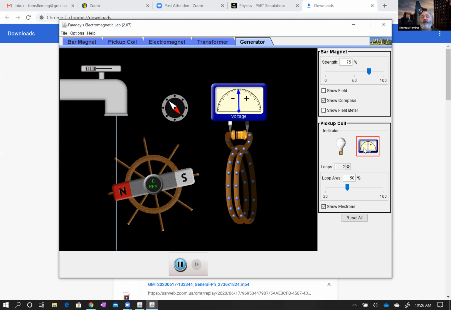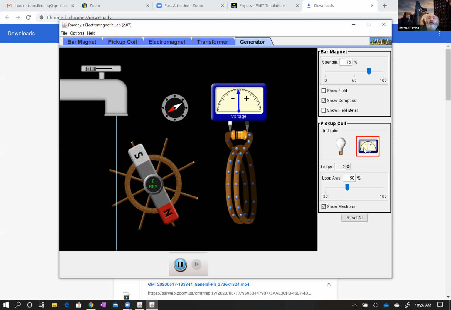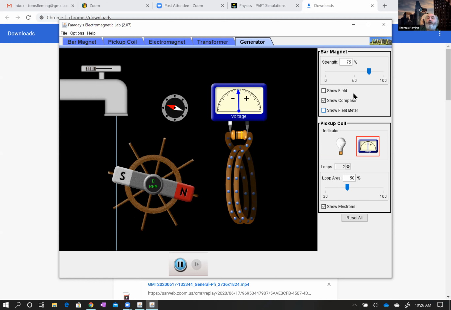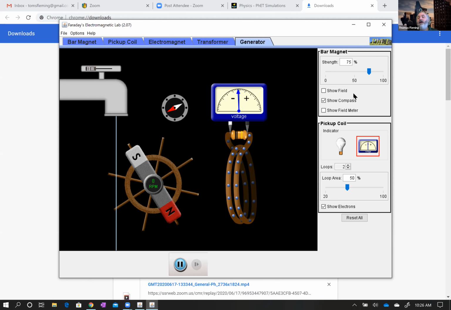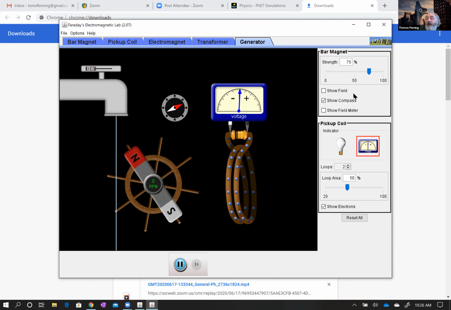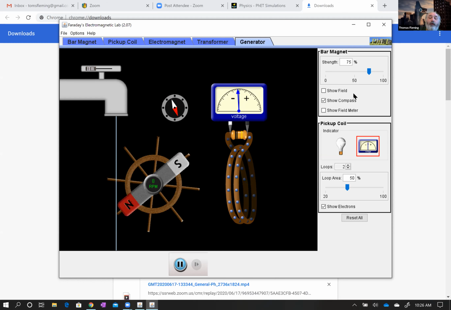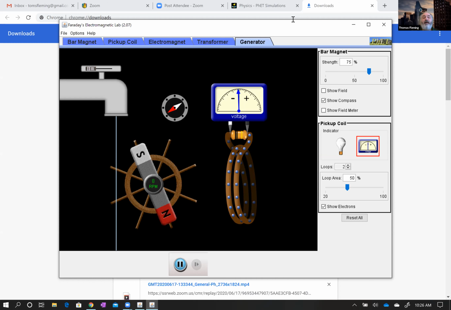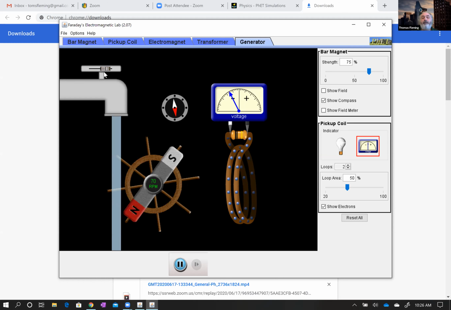If I look at it in terms of the voltmeter, what you can see is that my needle is swinging from positive to negative and back again. It's going positive for a while, then negative for a while, back and forth, back and forth. Now, since the induced voltage depends on the rate of change, if I spin it faster, I get bigger swings.